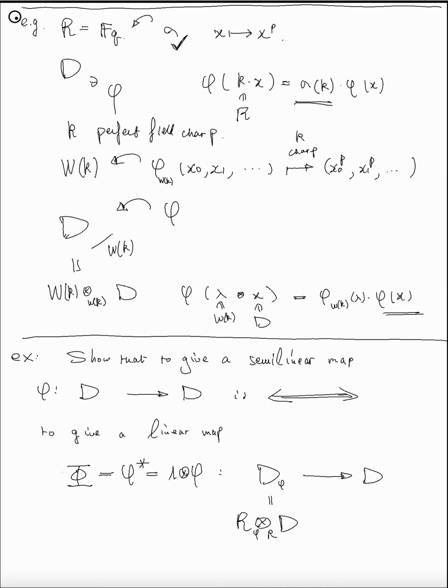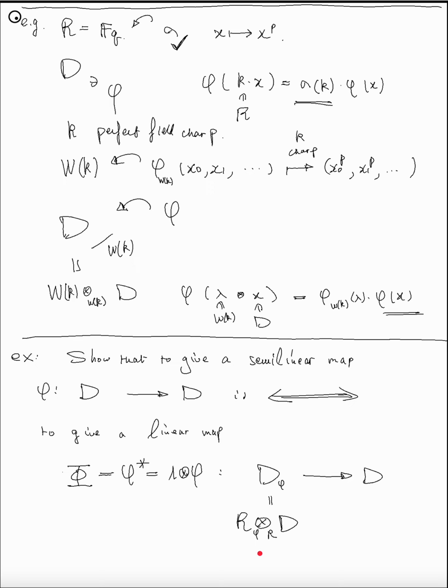The question asks you to show that giving a semi-linear map is equivalent to giving a linear map. Which linear map? I haven't defined it. Its notation is one tensor Frobenius, and it's defined not over D but over D_phi.